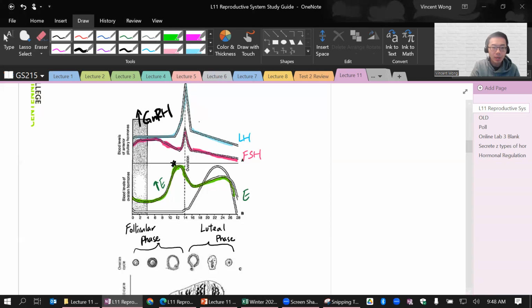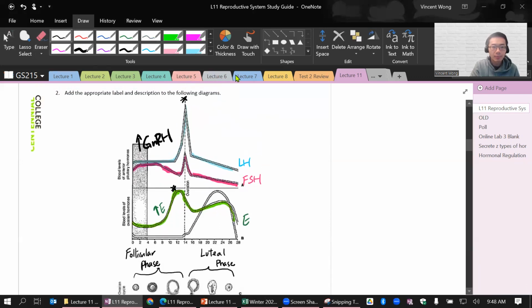Another thing to notice is here. I'm going to put a star here and then put a star here. After the estrogen level peaks, LH surge occurs, right?